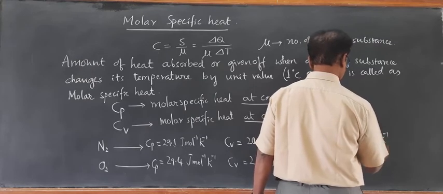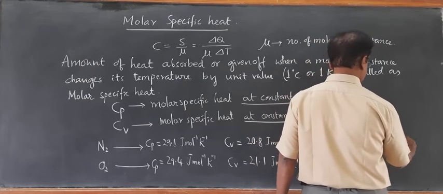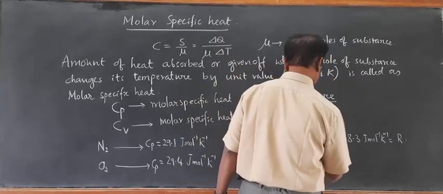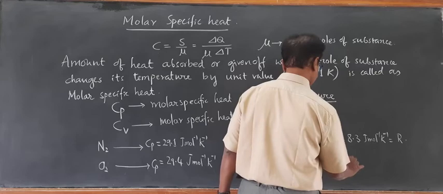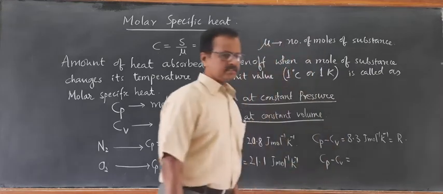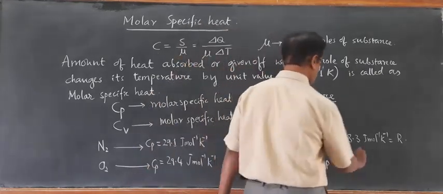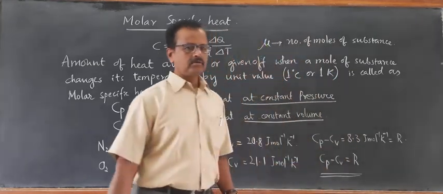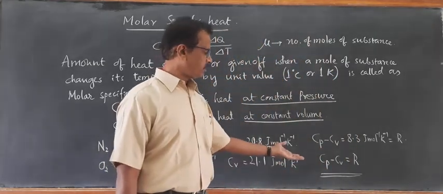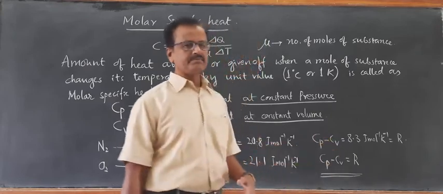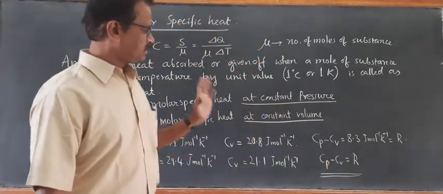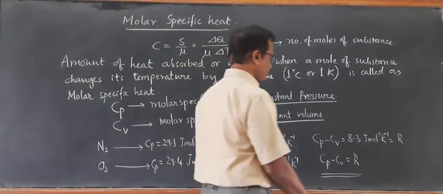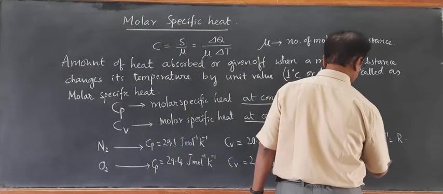This is nothing but the universal gas constant. So the difference between molar specific heats, Cp minus Cv, is always constant. In later discussions we are going to derive how Cp minus Cv for gases is a fixed value, the universal gas constant, 8.3 joule per mole per Kelvin.